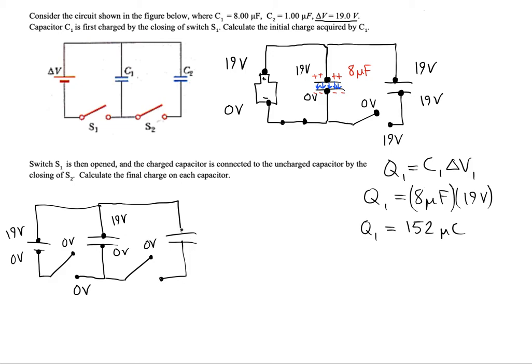Over here, we're going to still have this at 19 volts. Our capacitor is uncharged, so there's no potential difference across it. So we'll have 19 volts and 19 volts. When we close this switch S2, that's going to allow a path for the electrons to flow. So let's see how they'll flow.